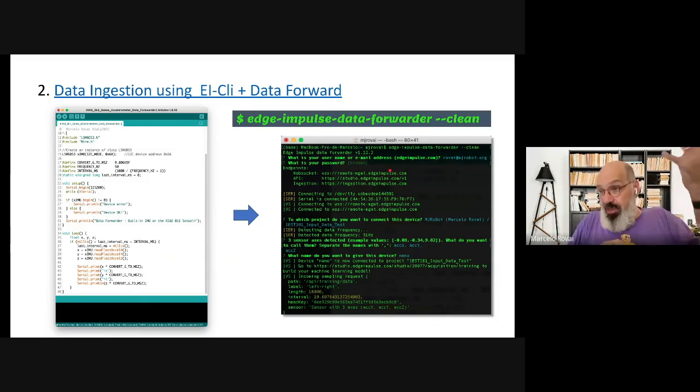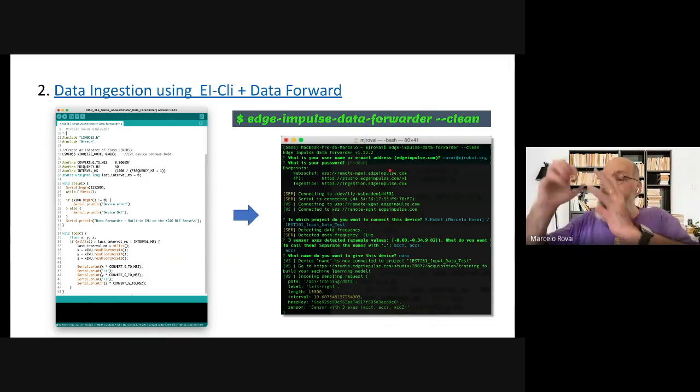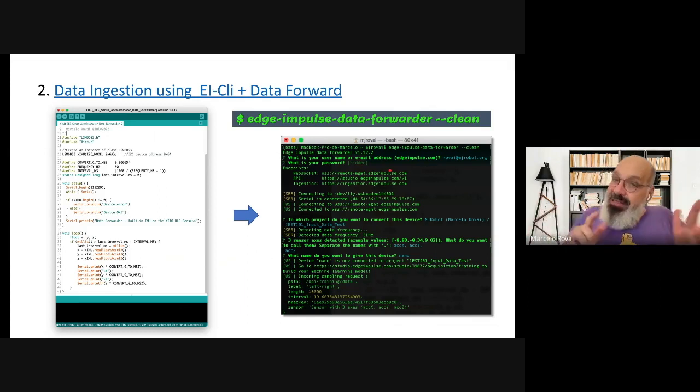I should have the Edge Impulse CLI installed, and using this kind of program, I can send the information straight to Edge Impulse. Fantastic. But so far, I'm using a kind of synchronous connection with Edge Impulse. I'm taking the data captured by the sensor and sending it straight to Edge Impulse.